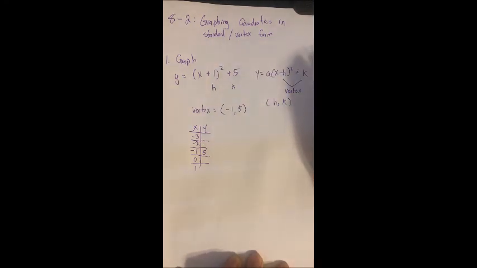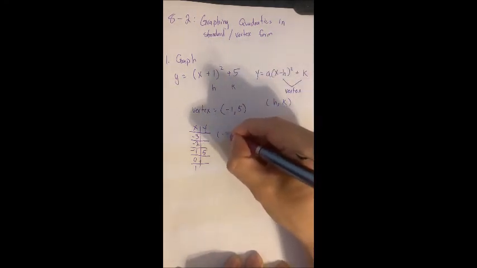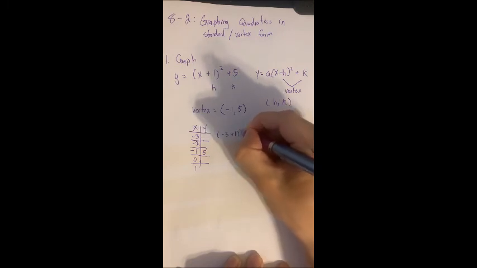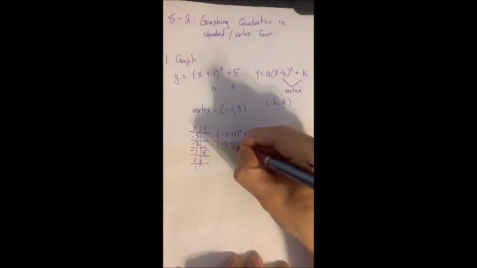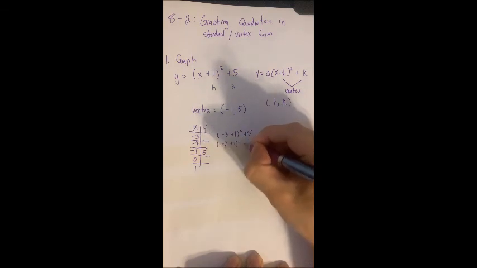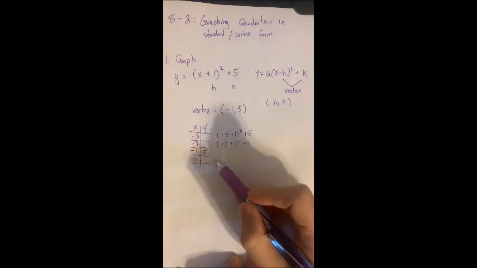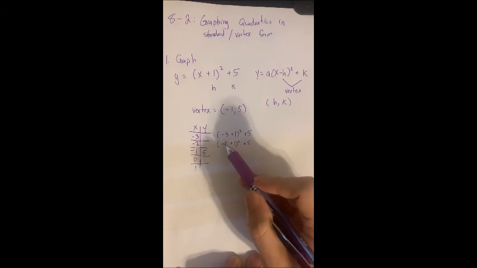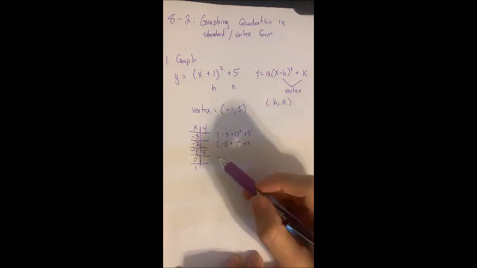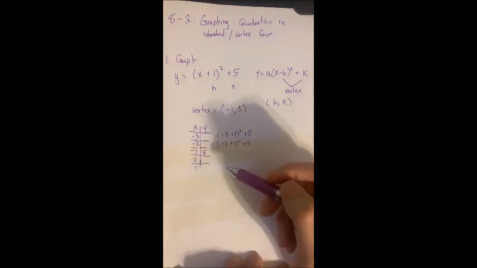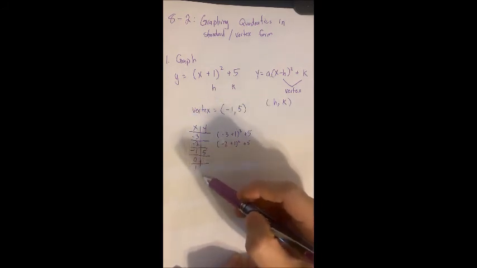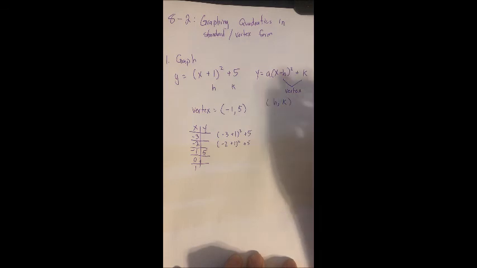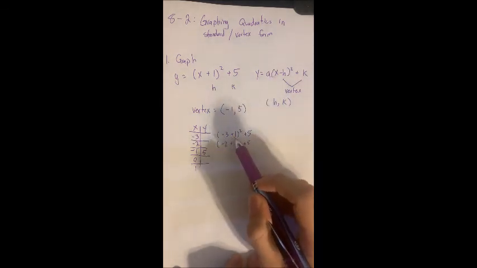So it'd be (-3 plus 1) squared plus 5, (-2 plus 1) squared plus 5. I know these two are going to be the same numbers as these here, because it's a mirror reflection of one side. So I only need to solve for two of them, and the other side should be the same.